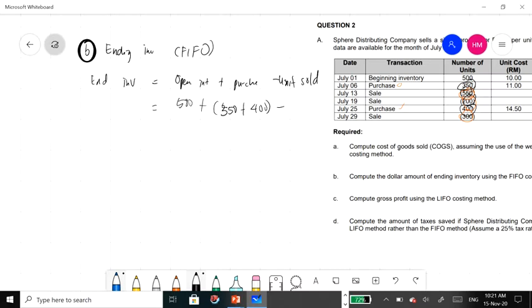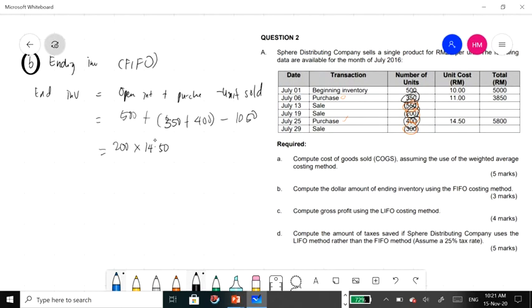Iaitu 1,050 lah kita kira tadi. Tolak. So you akan dapat 200 darabkan dengan RM14.50. Datang mana RM14.50? This one.